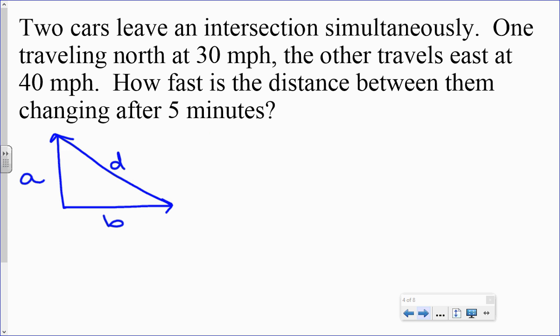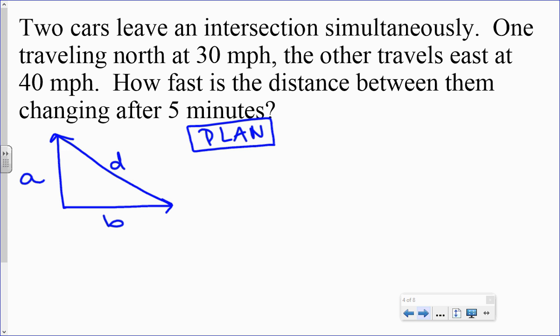Okay. Let's talk about our plan. What do we know? Car A is traveling north at 30 miles per hour. Did they give us A? Oh, they didn't.